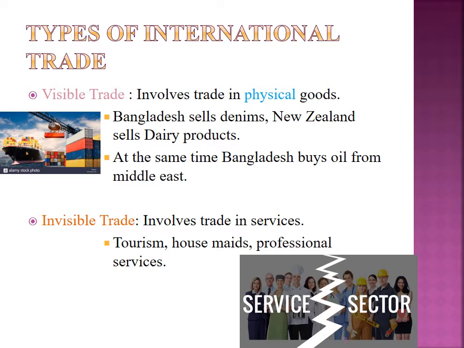Next example: New Zealand is highly specialized in dairy products manufacturing, so they can sell their dairy products and import other things, especially oil or other materials, from other countries.